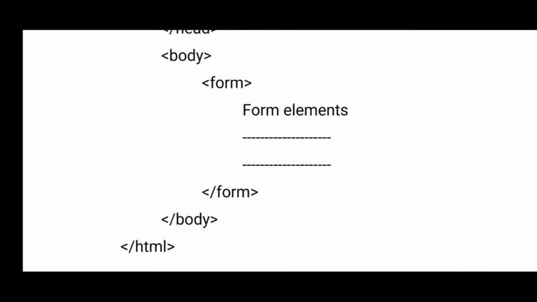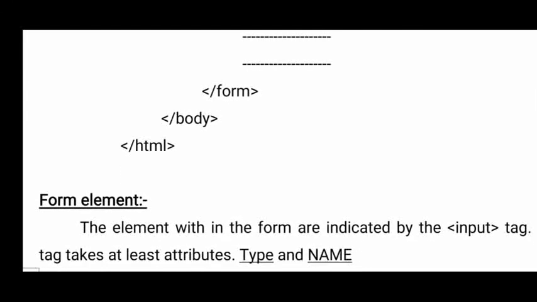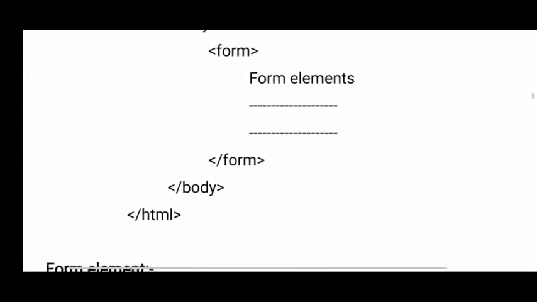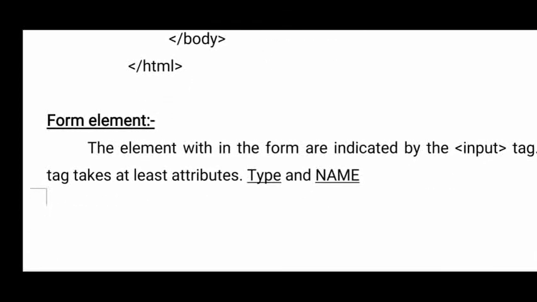Whatever fields are there are written between the form opening and closing tags. So your form elements are given there. What form elements you can give, that now we will learn.